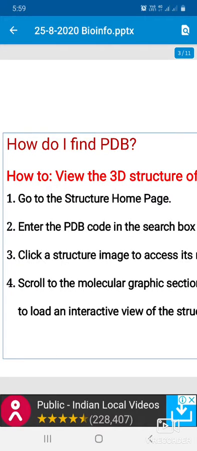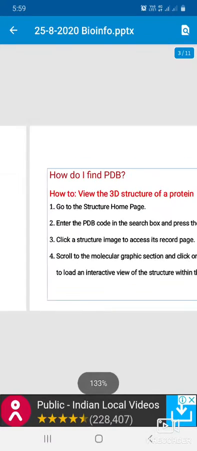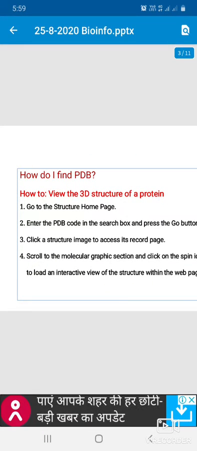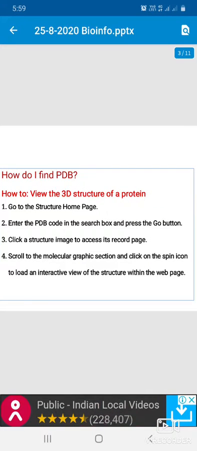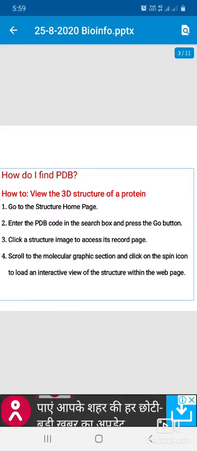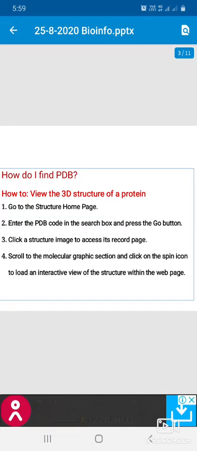Actually, how do I find the Protein Data Bank, the view of 3D structures of the protein? Let's go to the home page of the official website. Then the second step is to enter the PDB code in the search box and press the go button.